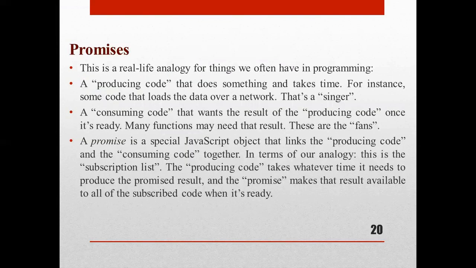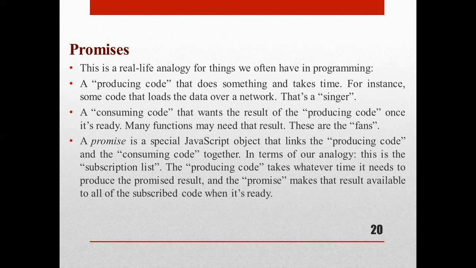In programming, there is producing code that does something and takes time, for example, some code that loads data over a network. In this example, consider a singer. The singer is like producing code who is going to produce singles. Then there is consuming code, that wants the result of the producing code once it is ready.